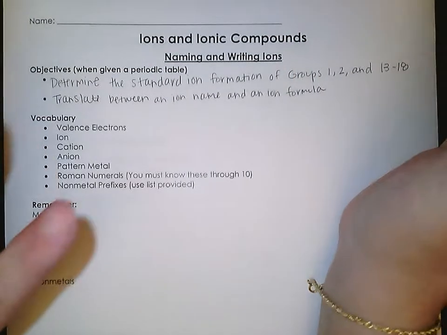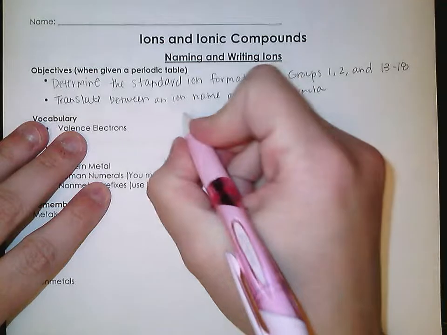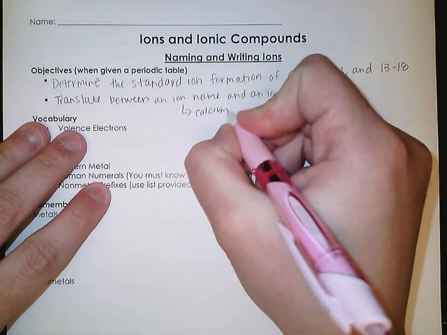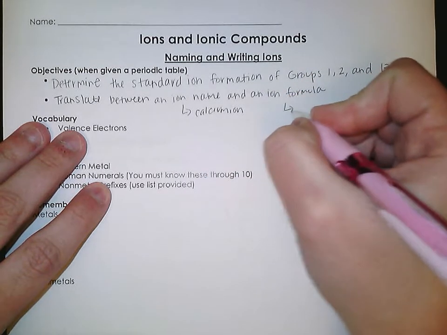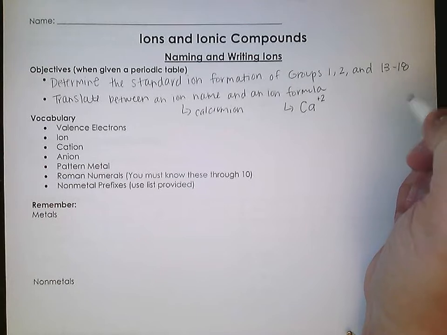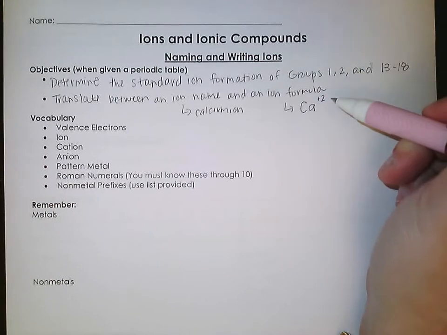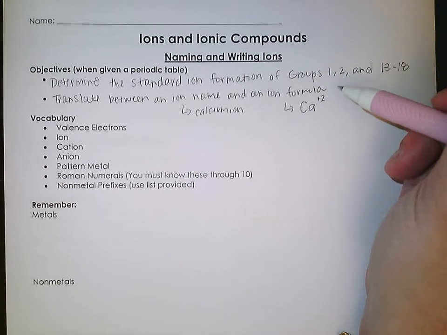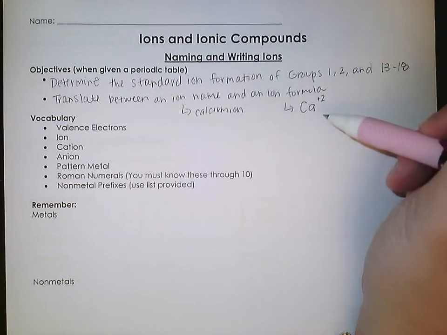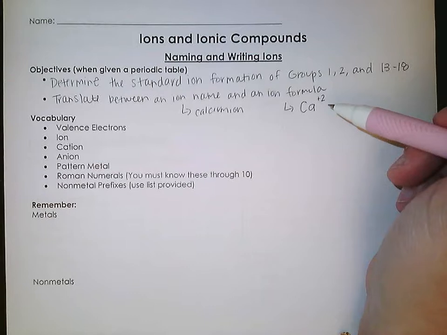Which, ion formula sounds kind of weird, so what I mean here is an ion name, maybe something like a calcium ion, and the ion formula with that would be a Ca+2. So name and formula, and that's going to be something you're going to be hearing a lot in this unit. So just start to get that little bit of vocabulary into your mind.